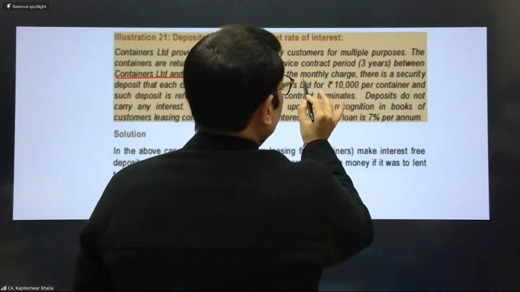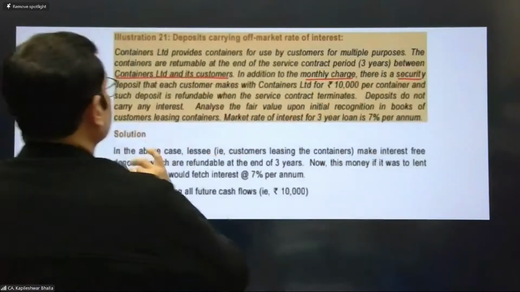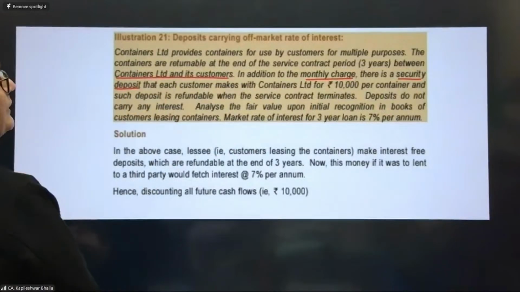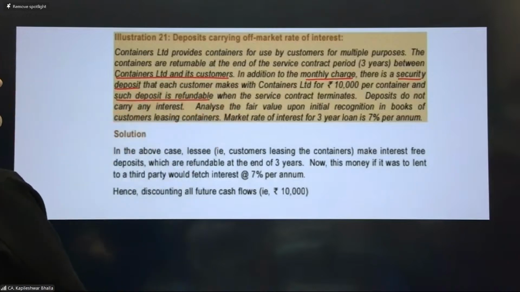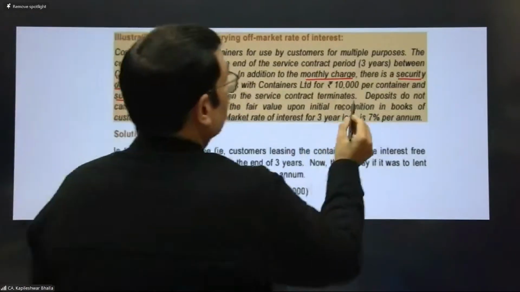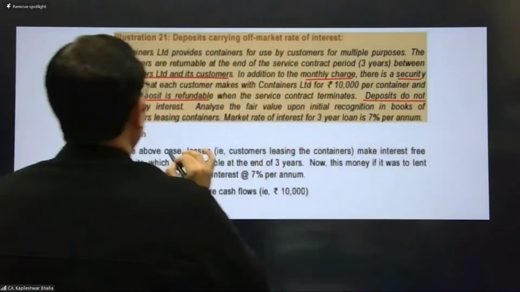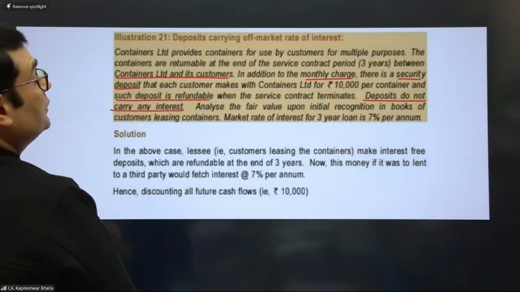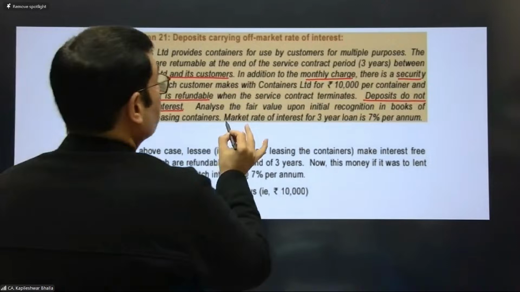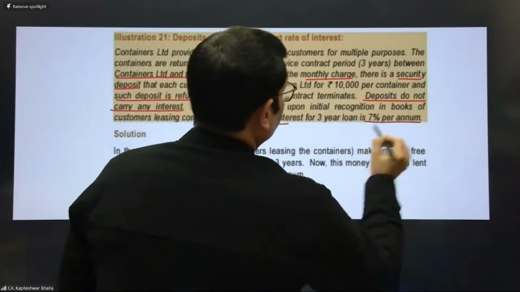In addition to the monthly charge, there is a security deposit that each customer makes per container, and such deposit is refundable when the contract terminates. The deposits do not carry any interest. Analyze the fair value upon initial recognition, and the market rate of interest is given as 7%.